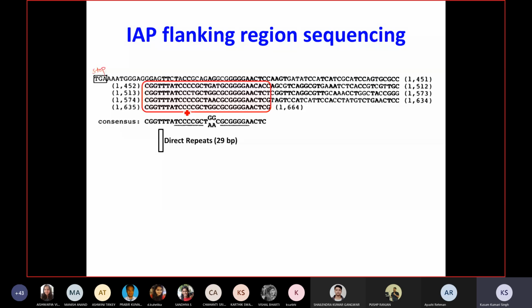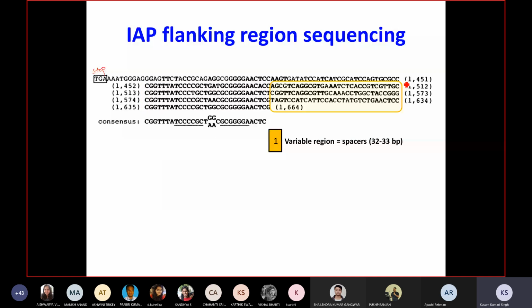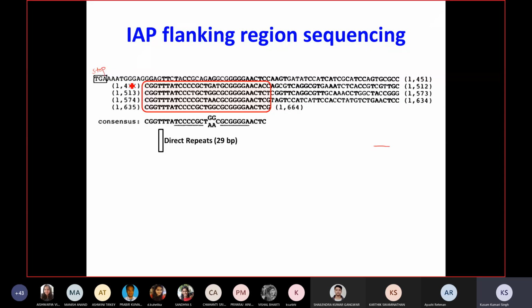And after that they saw that these were interspaced by variable sequences. What you see here are the variable sequences, because they are not matching each other, and these variable sequences are very conserved in size. For example, they always saw 32 or 33 base pairs, compared to the direct repeats, where all the nucleotide sequences are almost similar, as you can see here.